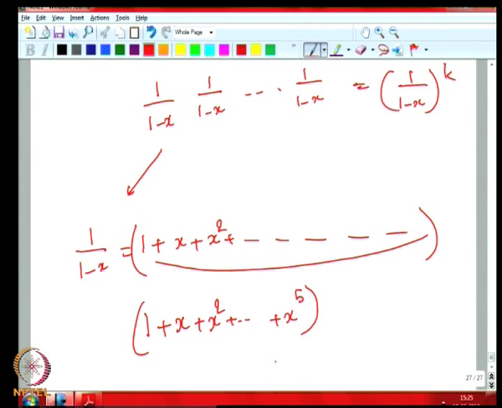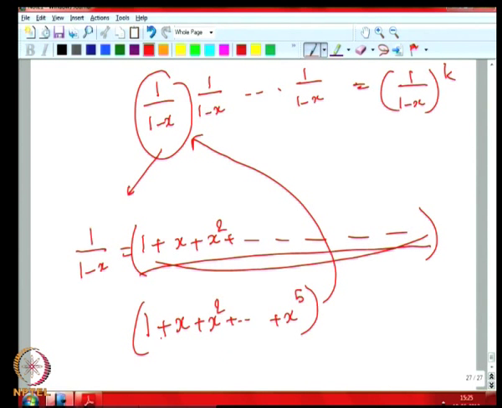So, for the first term, I will substitute this infinite sum with 1 plus x plus x square plus up to x raised to 5. I will use this here. Similarly, for the second term, instead of allowing all possible non-negative integer values for E2, we are now allowing only x raised to 0 or x raised to 1 or x raised to 2.